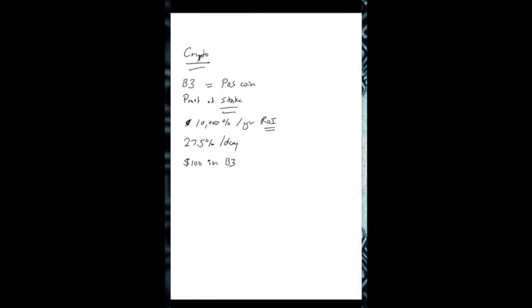So you spend $100 US dollars on B3. It's trading at 3,000 of a penny, okay? So that gives you roughly 33,333 coins.